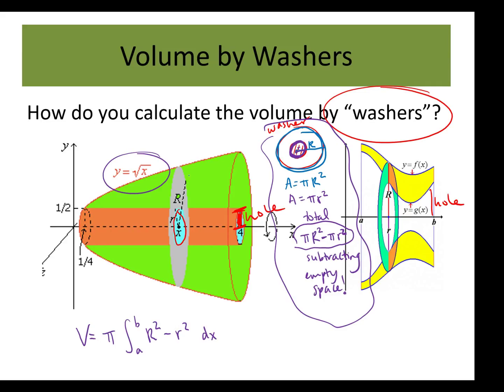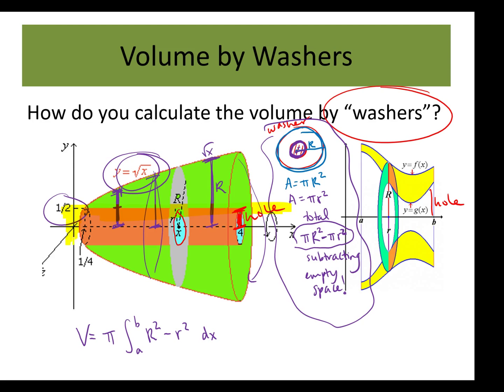So in this first case, if they're spinning around the whole x-axis, the capital R is this, because that's your whole big outside circle, which again is just given by the equation, square root of x. But then you have, it looks like, the function 1/2, which you can see going across this line right here.